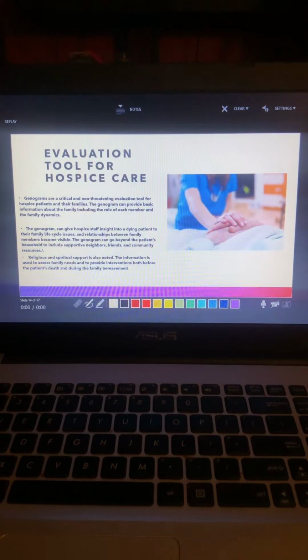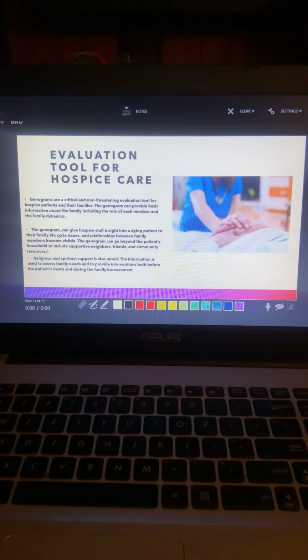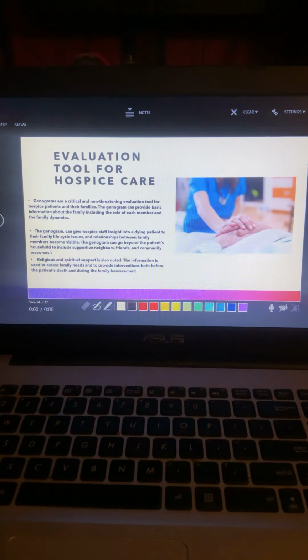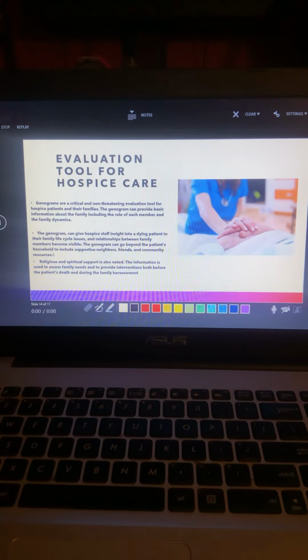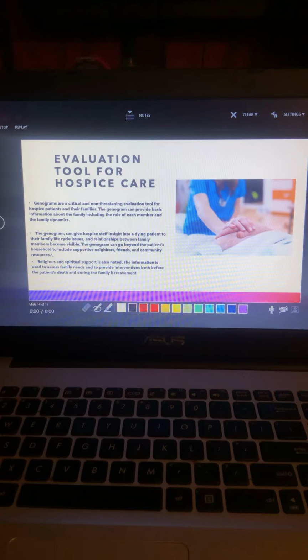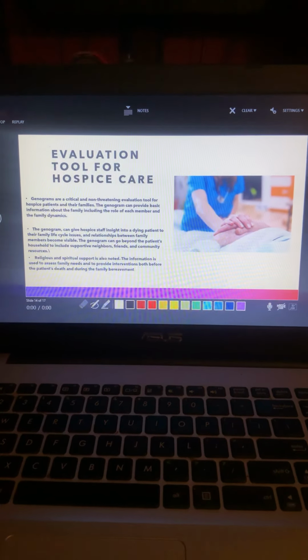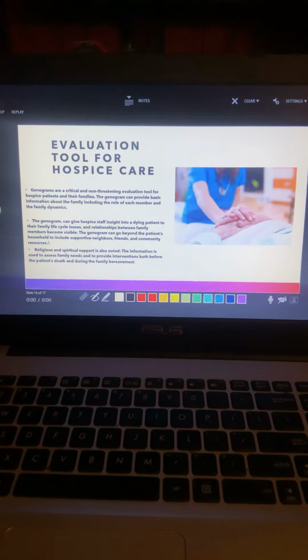If they want to pray, if they want to seek God and seek spiritual counseling in their last days, or the family wants to come in and have that, we've got to be sensitive to that, and be aware of the different religious and spiritual support that may be needed. The genograms will provide that information that would be beneficial in this hospice care environment.